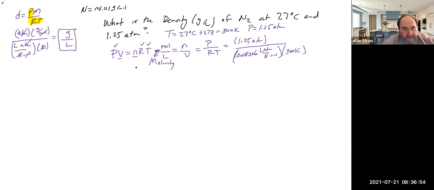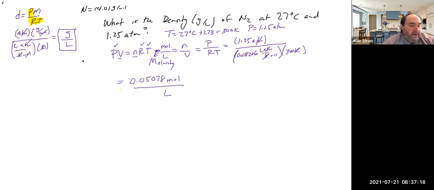And I'll just come over here. That gives us 0.05078. The units at this point, we've got atmospheres cancel, Kelvin cancel. We have liters per mole, which is on the bottom. So when you divide it, it flips over and becomes what we expect it to be, moles per liter.